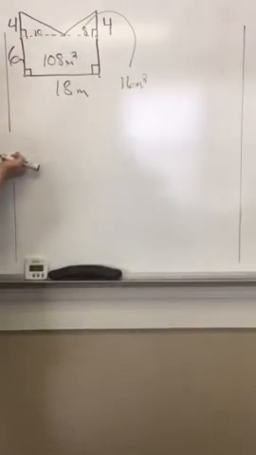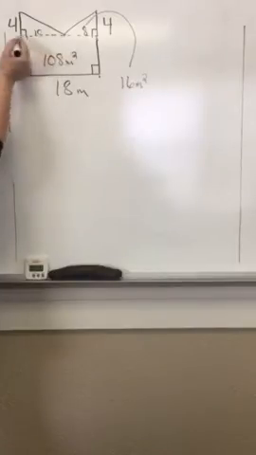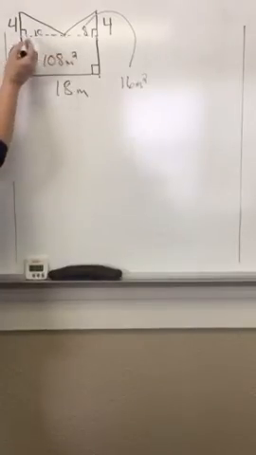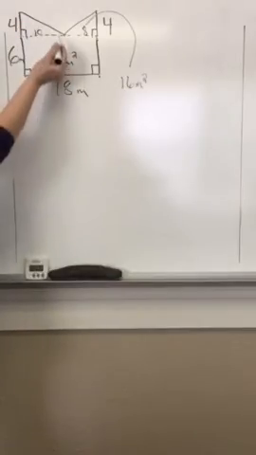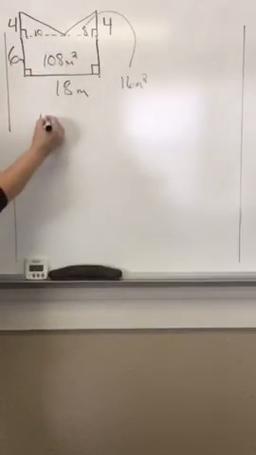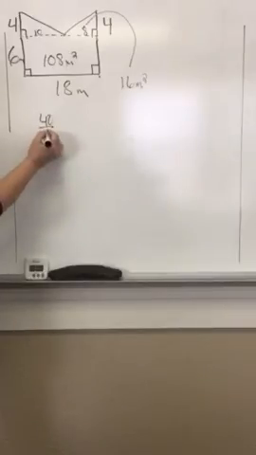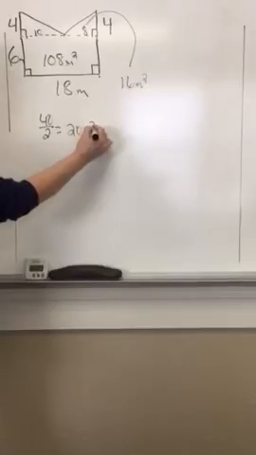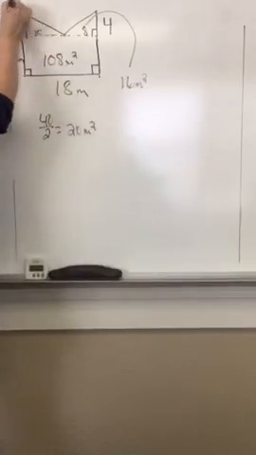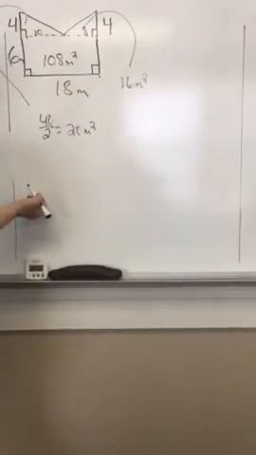Now we have everything that we need to calculate the area of this triangle. So we have base times height. Don't forget to divide by 2. So 10 times 4 is 40. Divided by 2 is 20 meters squared. This triangle is 20 meters squared.